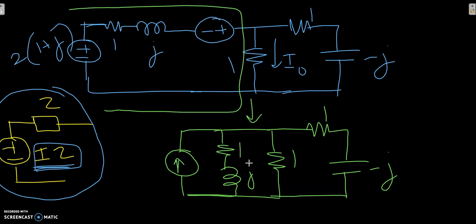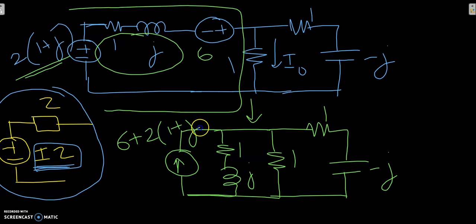This was actually a 6. I have to add these two and divide it by this impedance. So this would be 6 plus 2 times (1 plus j) divided by (1 plus j). So this is the equivalent circuit.